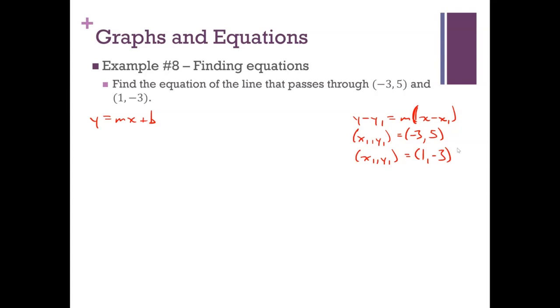But no matter which of these 2 things we use, we have to know the slope. Do we know what the slope is? We don't right now, but could we find it? How do we find slope? Right. If you have 2 points, you can always use this.